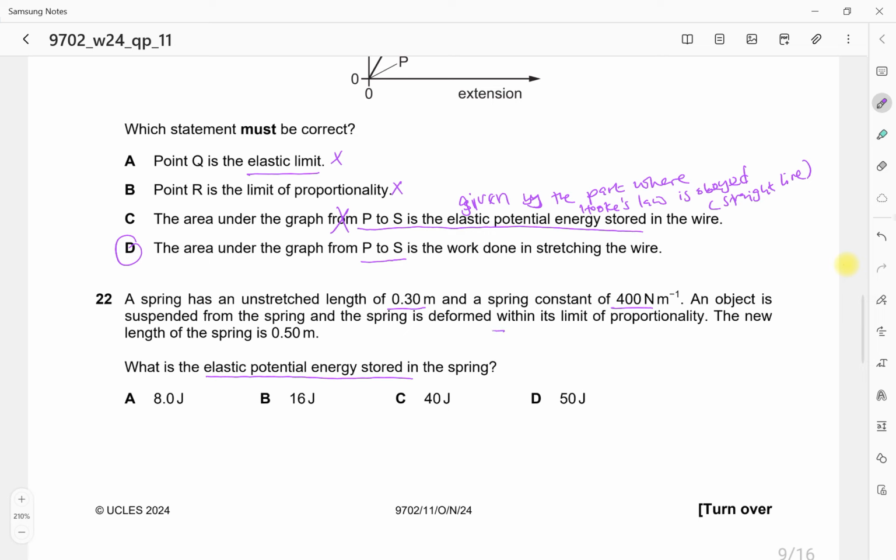Okay, so of course we know that elastic potential energy is equal to a half Fx, or a half Kx squared. Since I have K, the unstretched length, and the new length, the extension is going to be 0.5 minus 0.3. So I'll substitute this: a half times 400 times x squared.